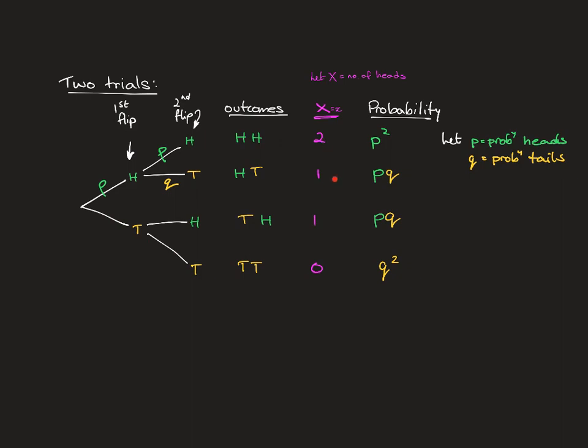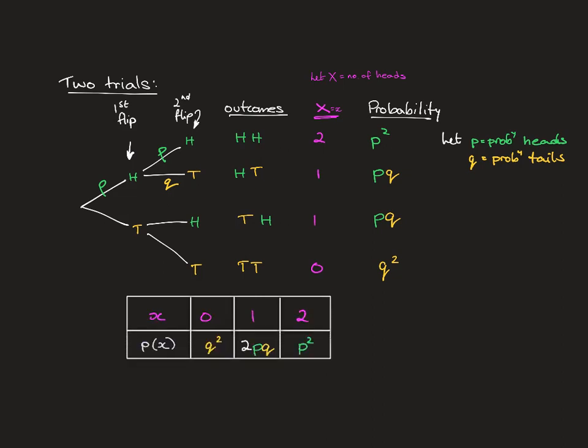When we put our probabilities together in a probability distribution table for 0, 1, 2, the probability of getting no heads, which is this one here, is Q squared, so that goes in here. For 1, we actually have multiple occasions where 1 occurs.